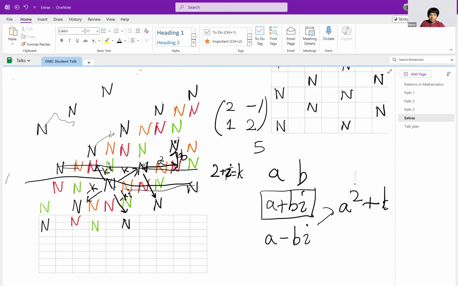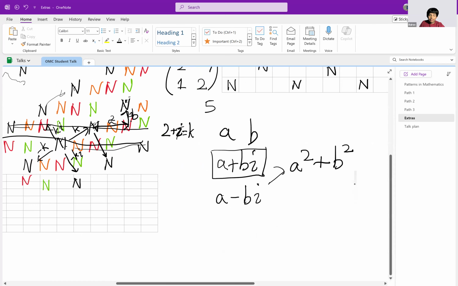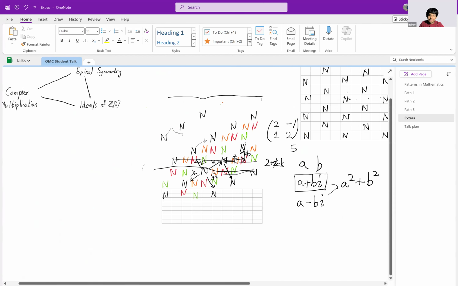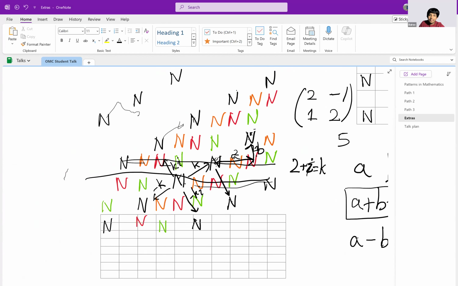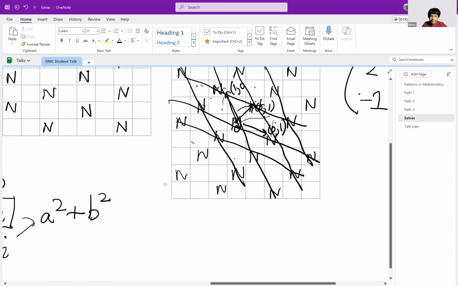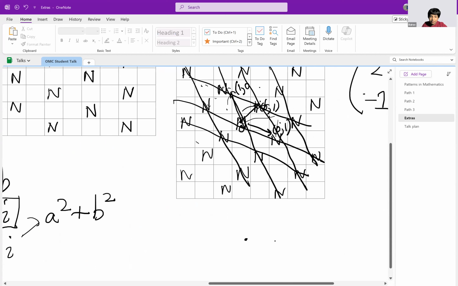So yes, we can also take the complex multiplication as a linear transformation like this, and that is actually the same as spiral symmetry, because we are rotating around the origin and then we're scaling.